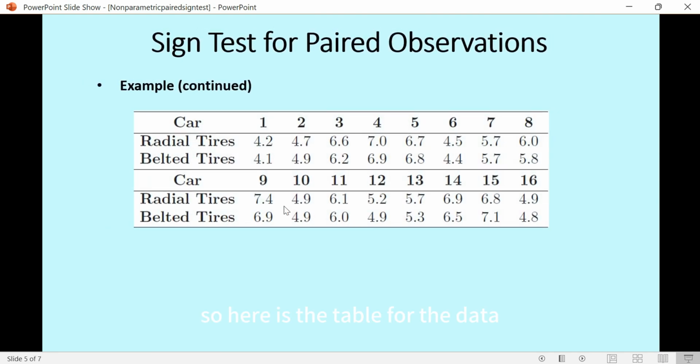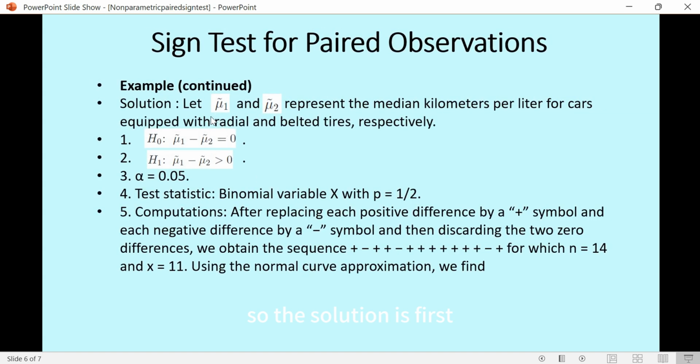Here is the table for the data. There are 16 observations for both radial tires and belted tires. For the solution, first we let mu1 hat and mu2 hat represent the median kilometers per liter for cars equipped with radial and belted tires.